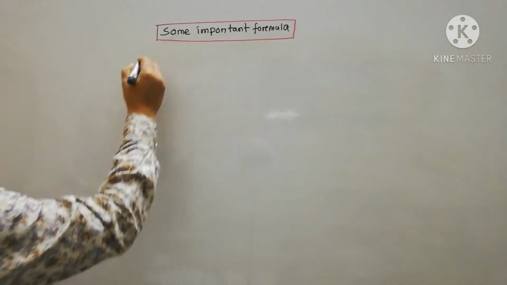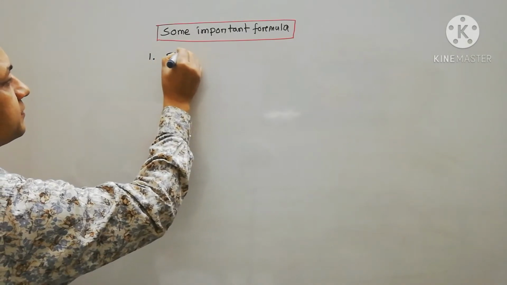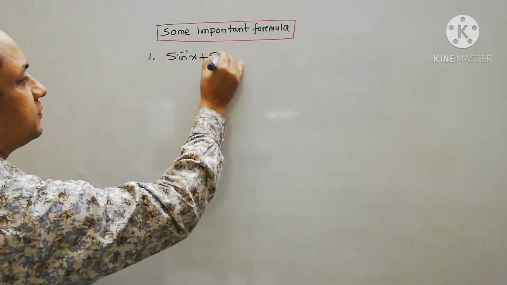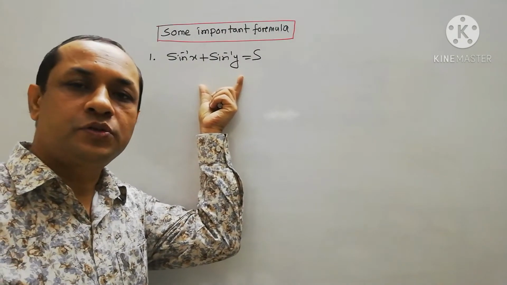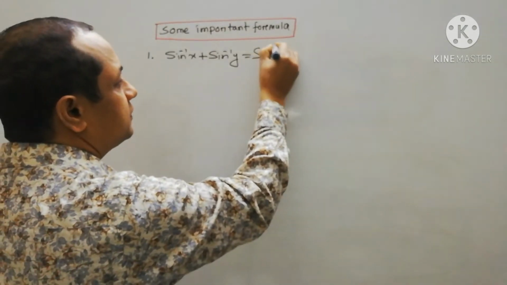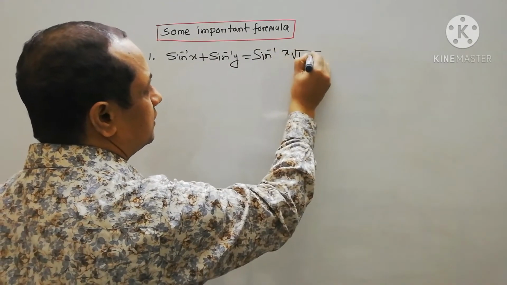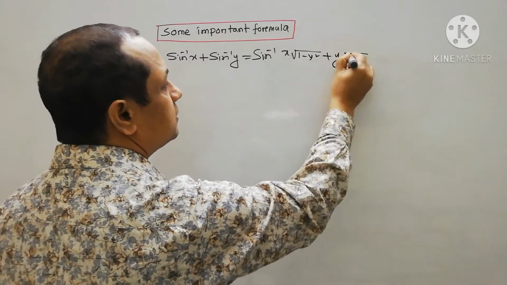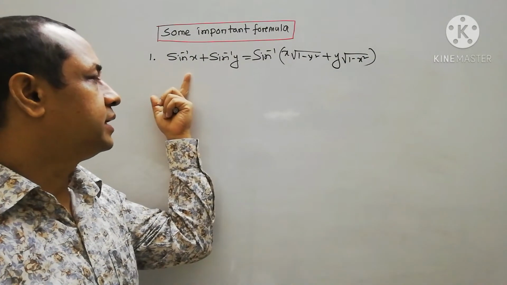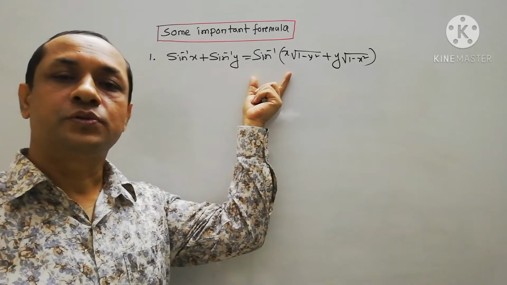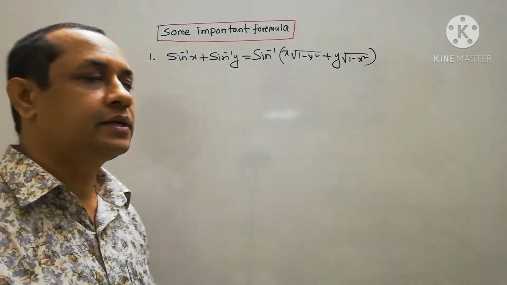Here, number 1: sin inverse x plus sin inverse y equals sin inverse of x root over 1 minus y square plus y root over 1 minus x square. So addition, please, students.